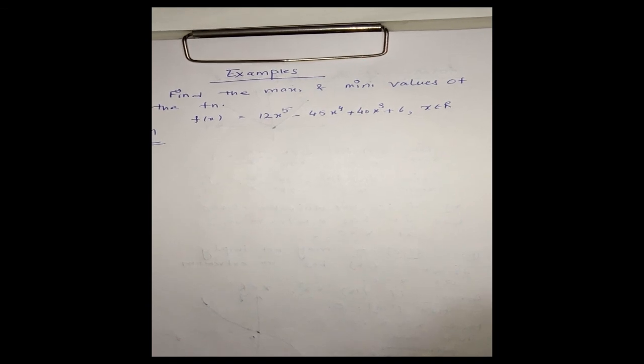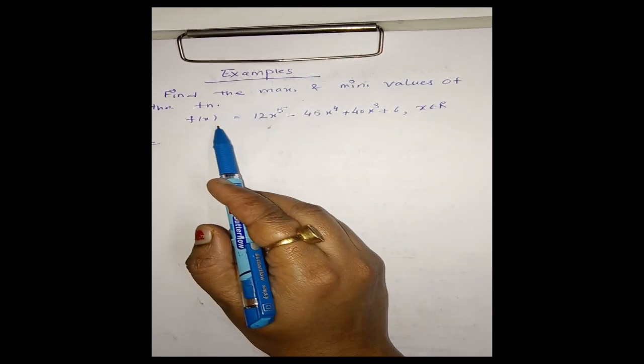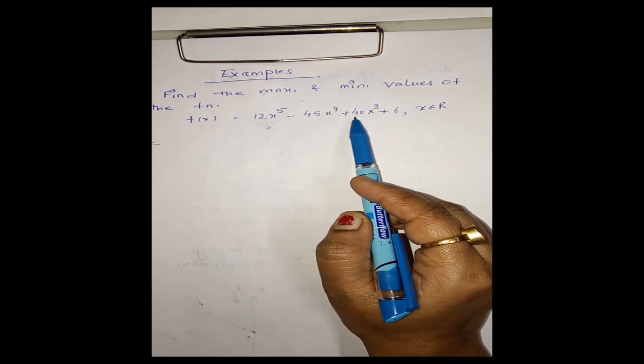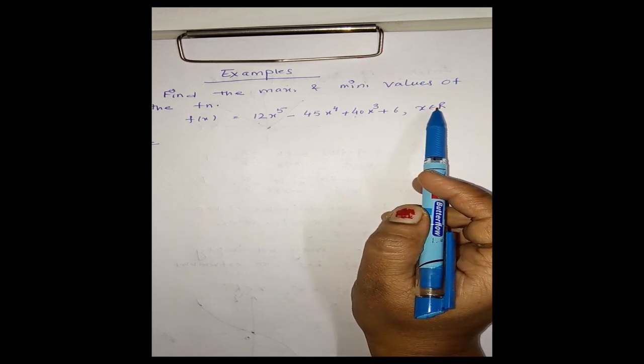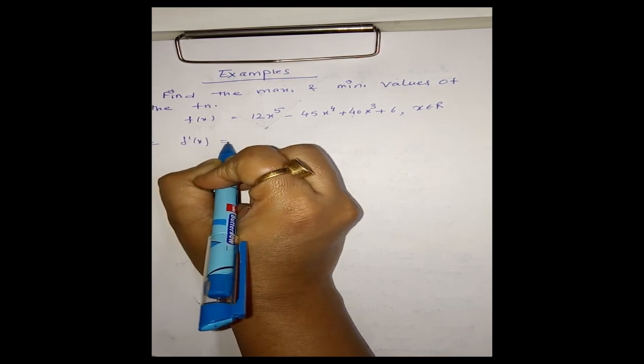Now we come to the example. Find the maximum and minimum values of the function f(x) = 12x^5 - 45x^4 + 40x^3 + 6, where x is a real number. First we find the first derivative f dash x.